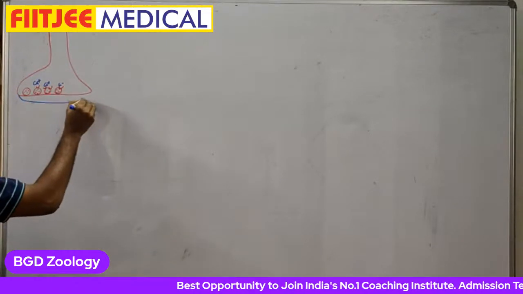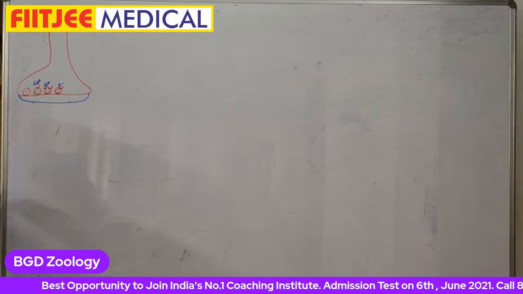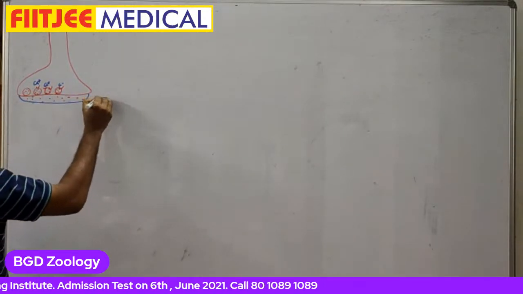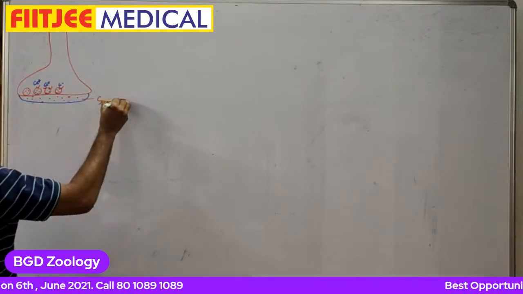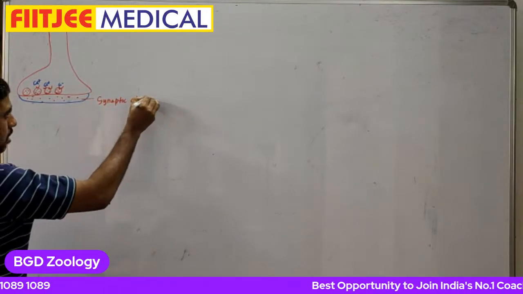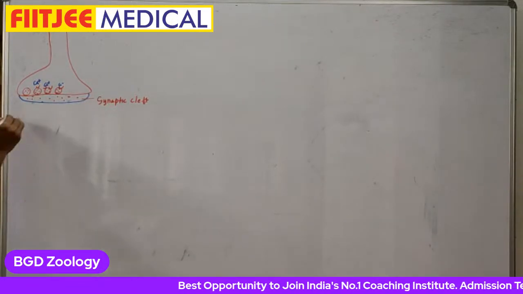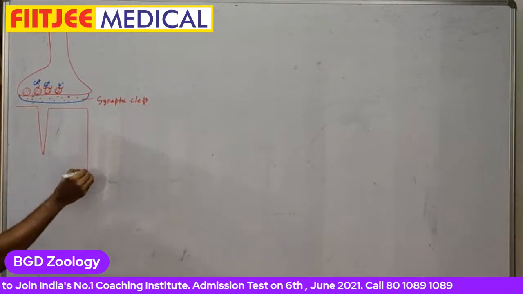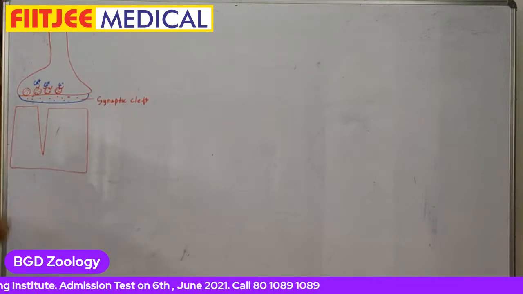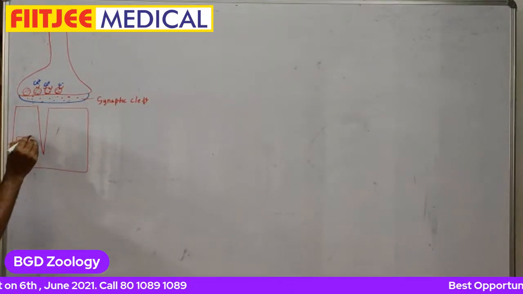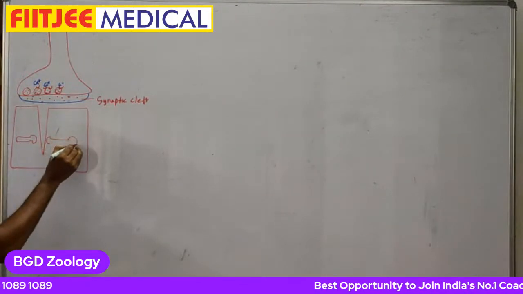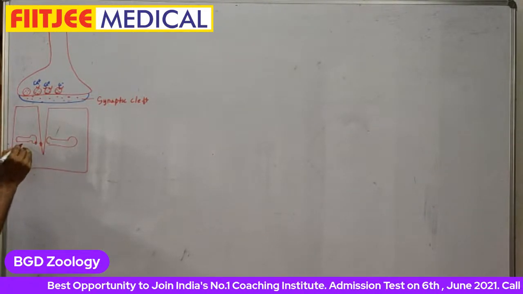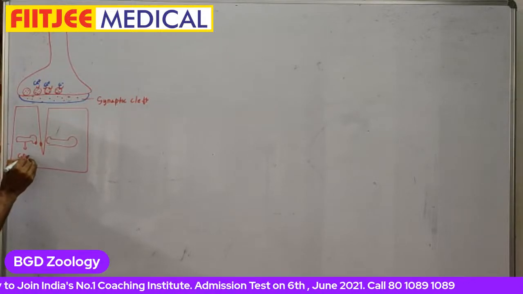There is a region called synaptic cleft. Right. Now, there is another structure here. It's called sarcolemma. Right. So here we have sarcoplasmic reticulum. Right. So here we have DHP. Here we have ryanodine receptors. Here we have calcium 2 plus ATPase.